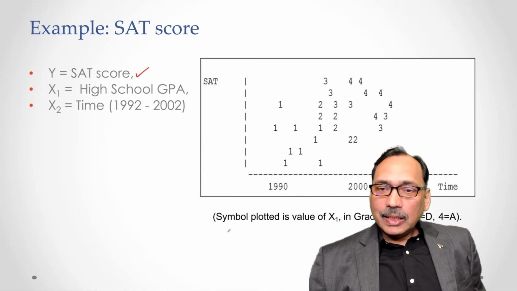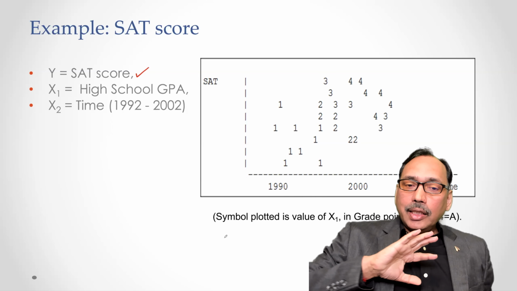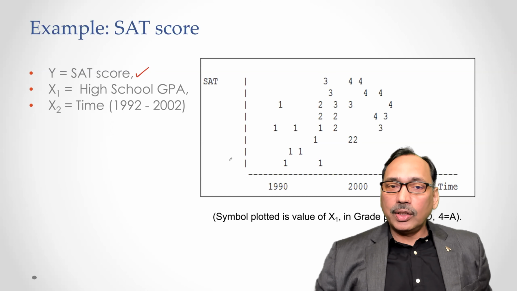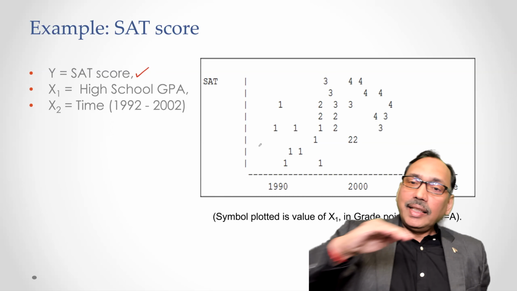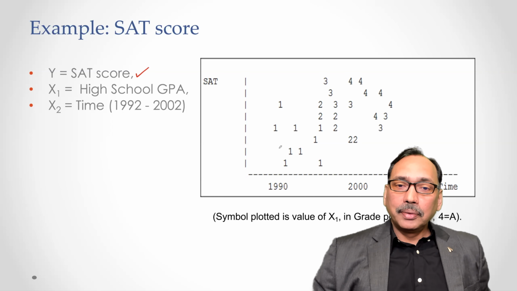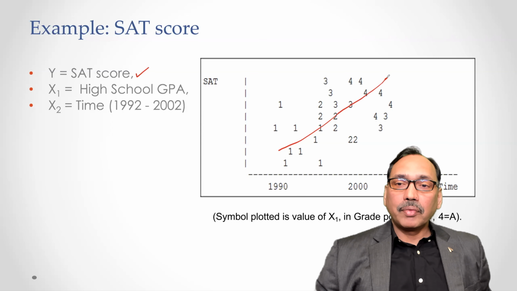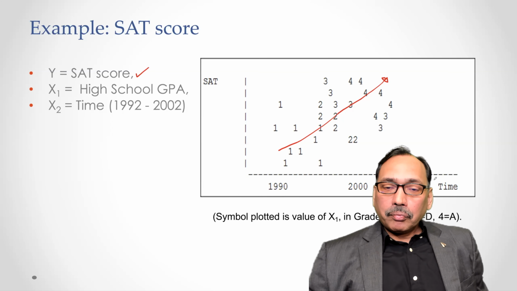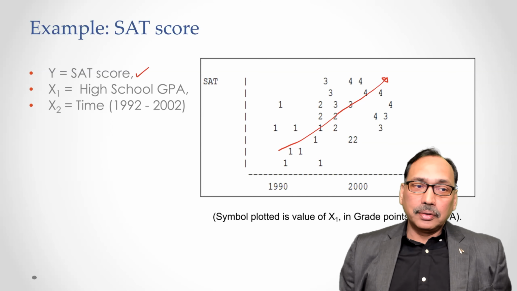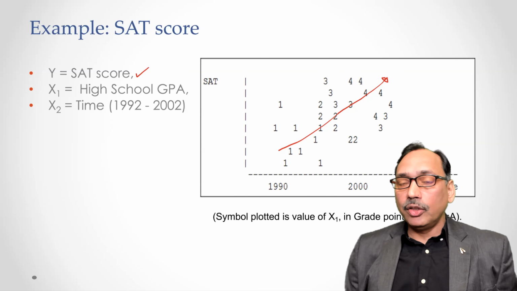So if you look at this plot and see the overall trend, clearly over time you can see SAT scores are going up. So there is a clear-cut overall trend which is positive. So the coefficient of time, beta 1 or beta 2, is likely to be positive.